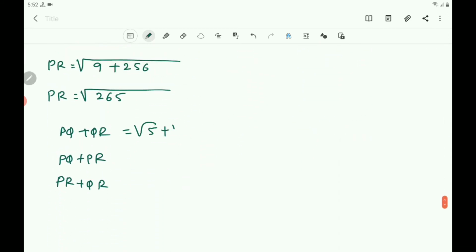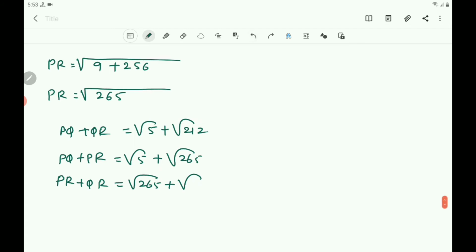Root 5 plus root 212, and PQ is root 5, PR is root 265, and PR plus QR is root 212.